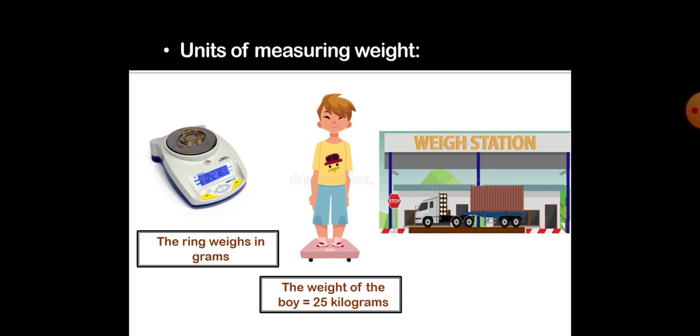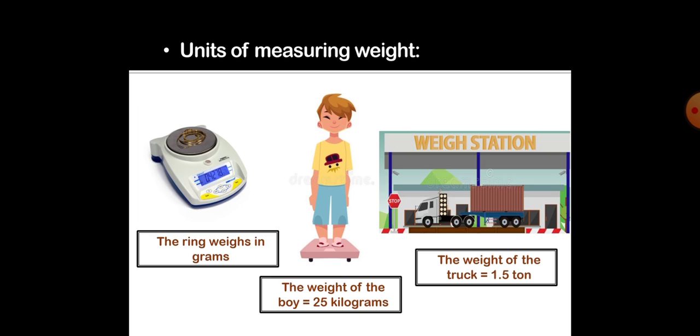But what about the heavy things, or the heaviest things? If I want to measure the weight of this truck, it can be weighed in a big unit of measure. It's called the ton. So the ton is the biggest unit of measuring weight.